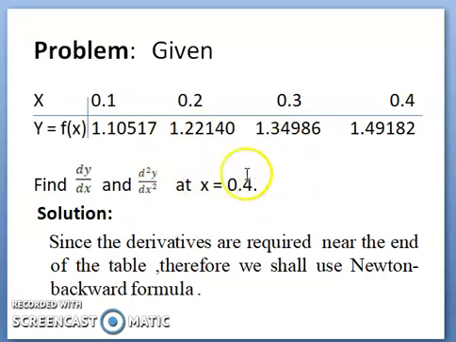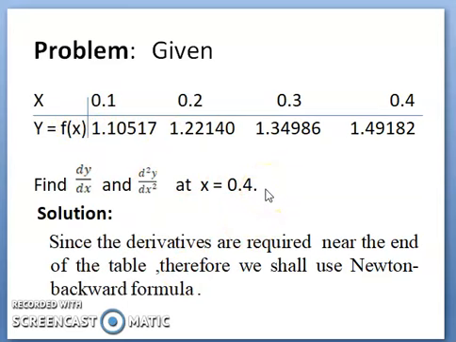See here the value with respect to x equal to 0.4. That means, see in the table of the problem, x equal to 0.4 is at the last. Since the derivatives are required near the end of the table, we shall use Newton's backward formula. We have already discussed that when we start at deriving dy by dx, d2y by dx square at, suppose, x equal to 0.1, we use Newton's forward formula.